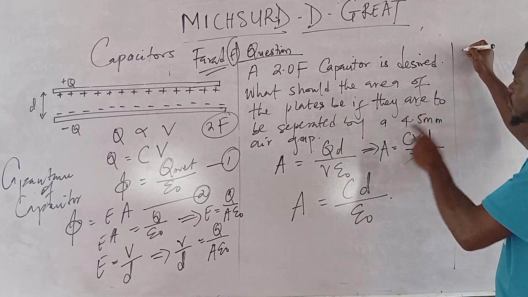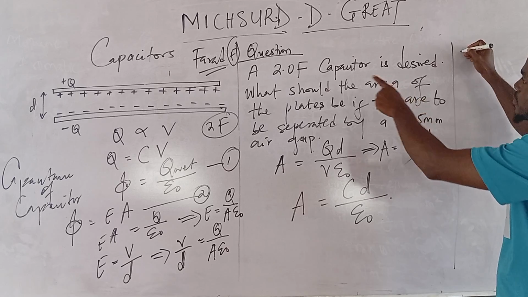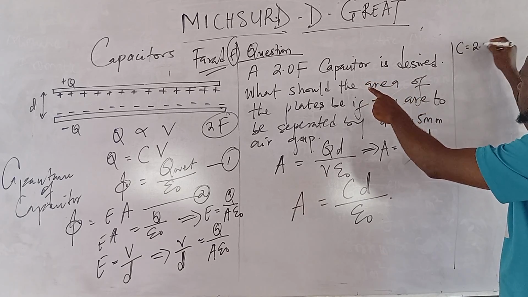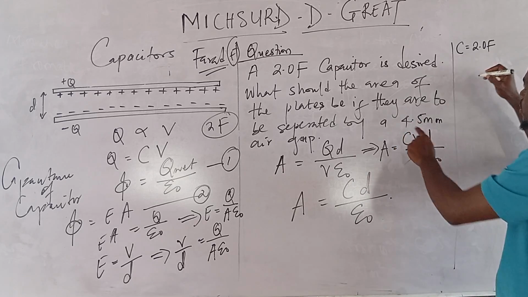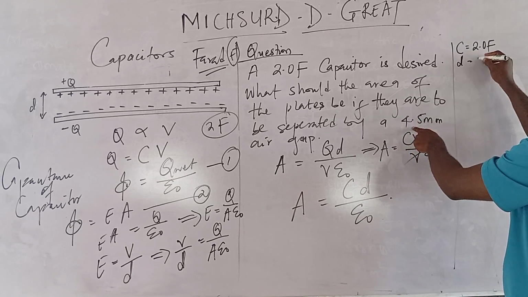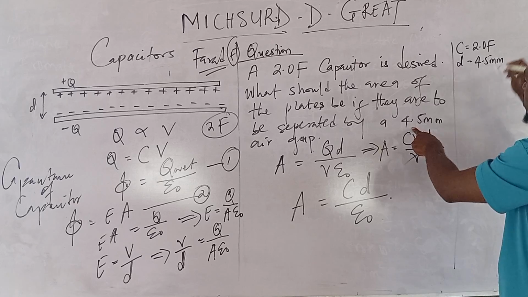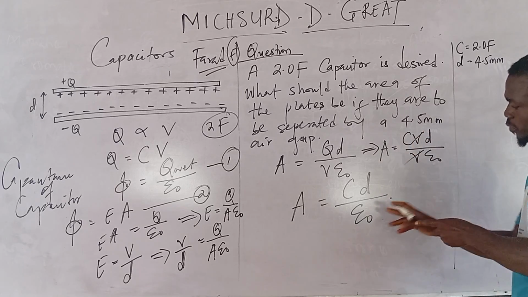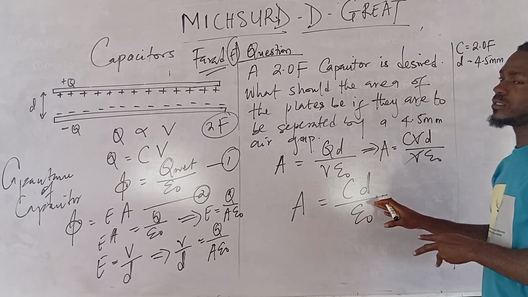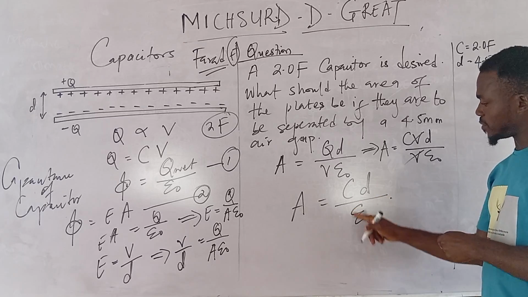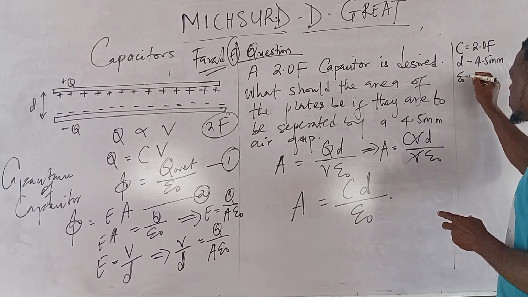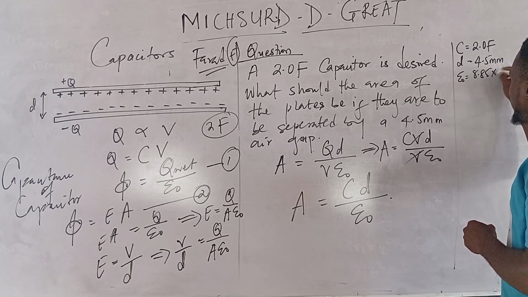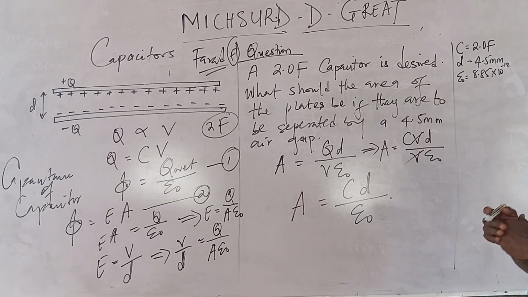We are given the capacitance, 2.0 farads, and the distance, 4.5 millimeters. We also need the permittivity of free space, epsilon naught, a constant given as 8.85 times 10 to the power minus 12, in farads per meter.